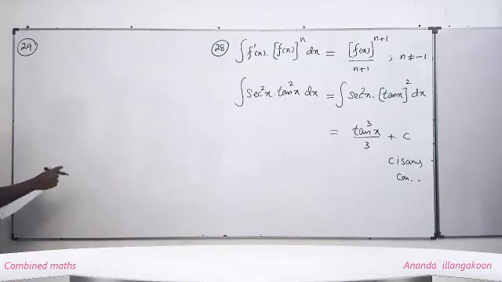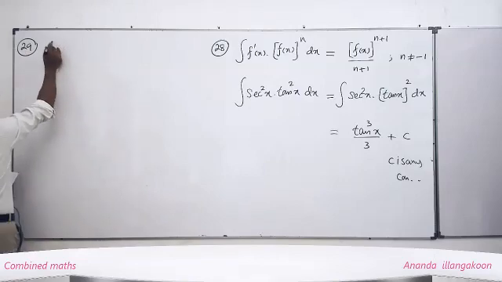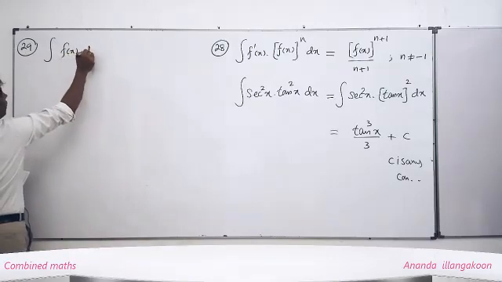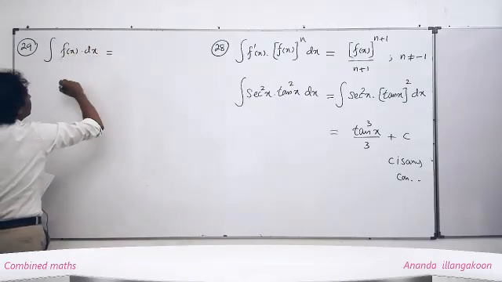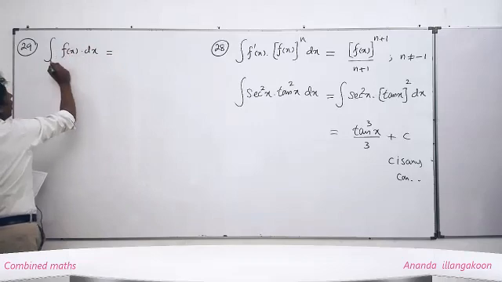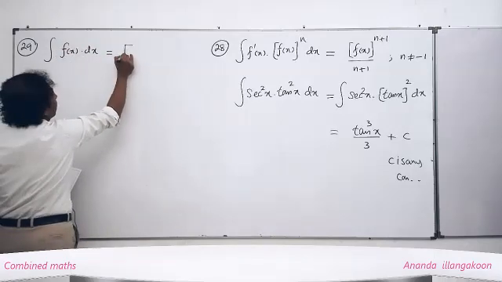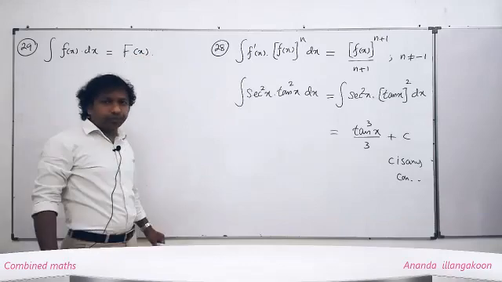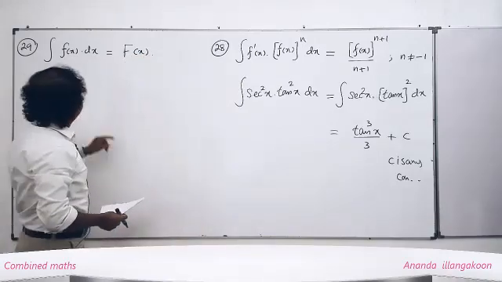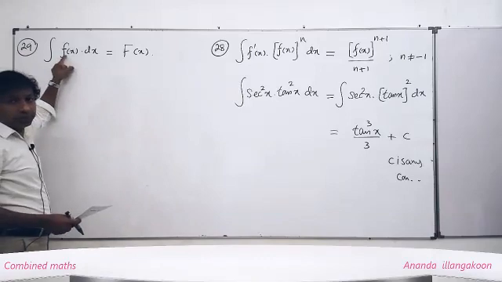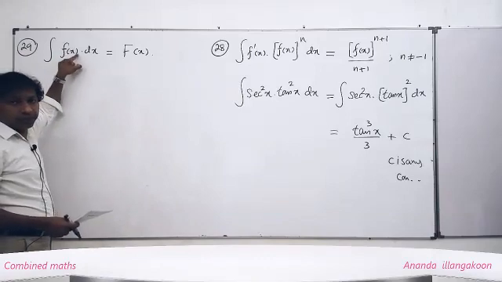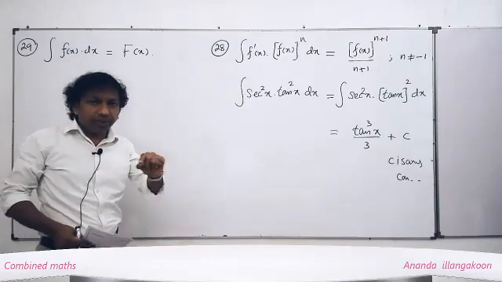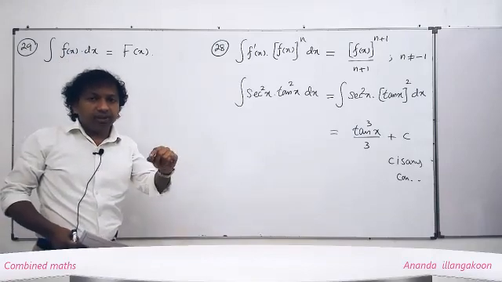Now suppose we have a function f(x). When you integrate that, suppose we get its answer capital F(x) like this. Now in the function f, this x we replace by a linear function. Instead of x, I write another function as ax plus b.